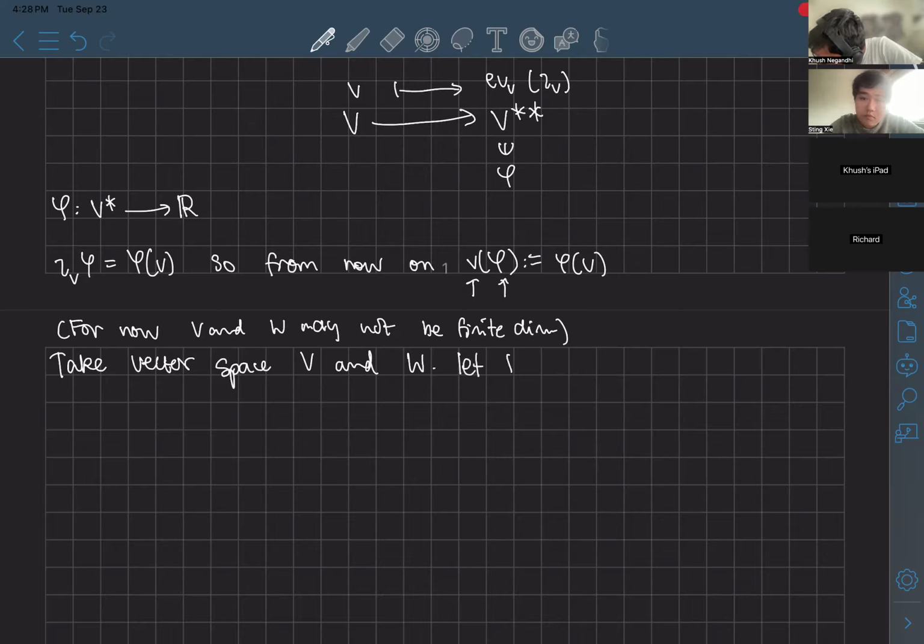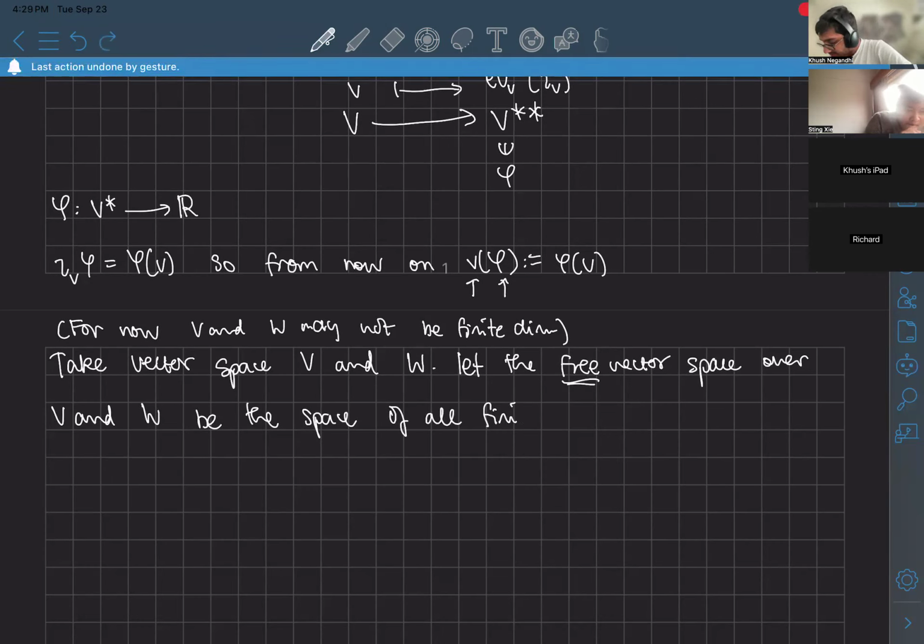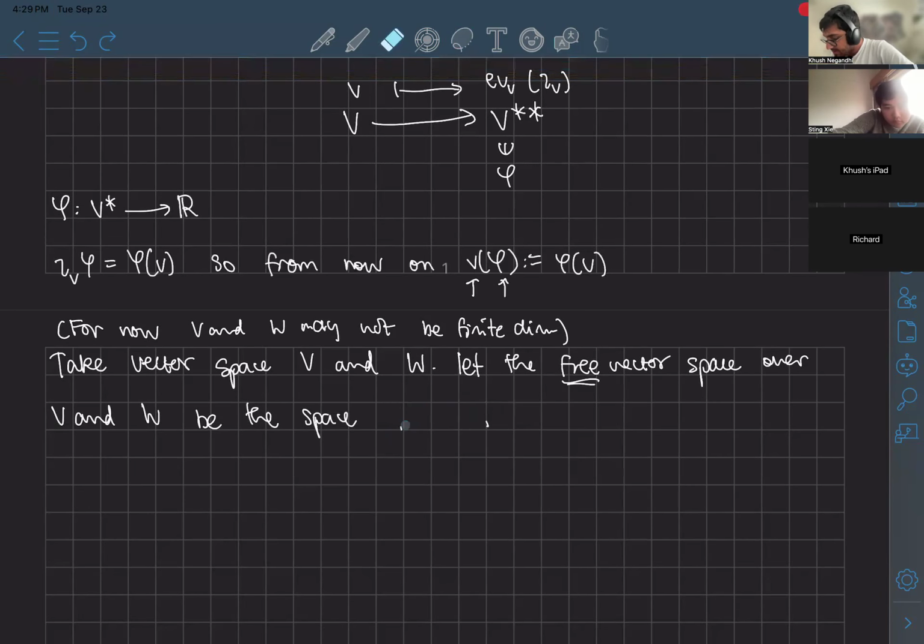Let the free vector space over V and W be the space of all finite linear combinations, such that every element in V cross W is a basis element.